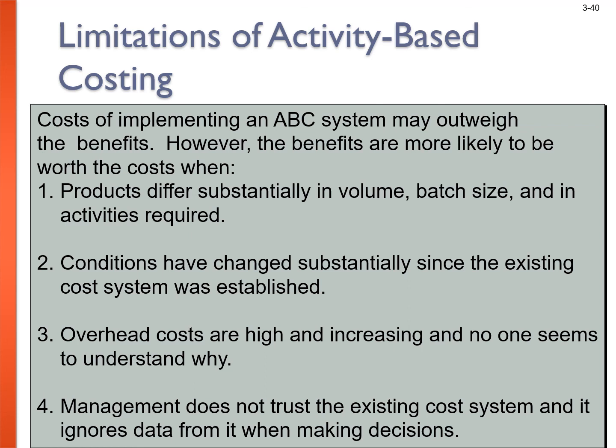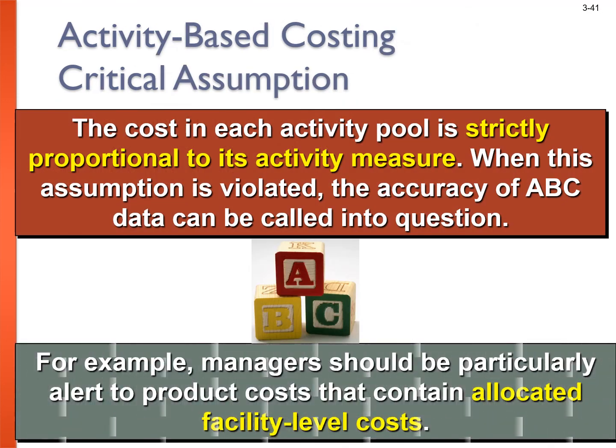Overhead costs are high and increasing, and no one seems to understand why. So maybe an activity-based system is for you. And management doesn't trust the existing cost system, and it ignores data from it when making decisions. Well, that's not good. So maybe an activity-based costing system is for them. It may be worth the cost because remember, it's going to take time and manpower, a team effort to create the system. But once it's in place, wow, right?